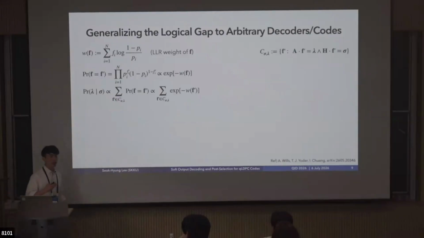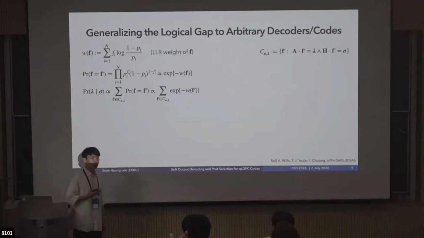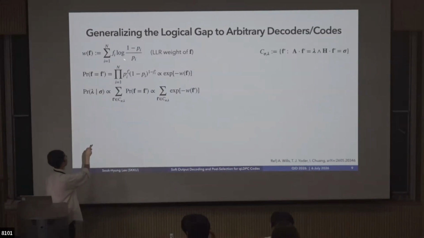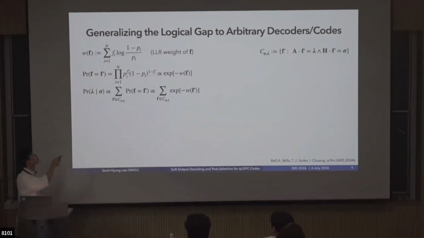So let's consider how we can approximate the ideal logical gap. First, let's define the weight, or log likelihood ratio weight, of a fault vector by this expression, which is a common notation: the weight of an error weighted by the log likelihood ratio of individual error mechanisms.